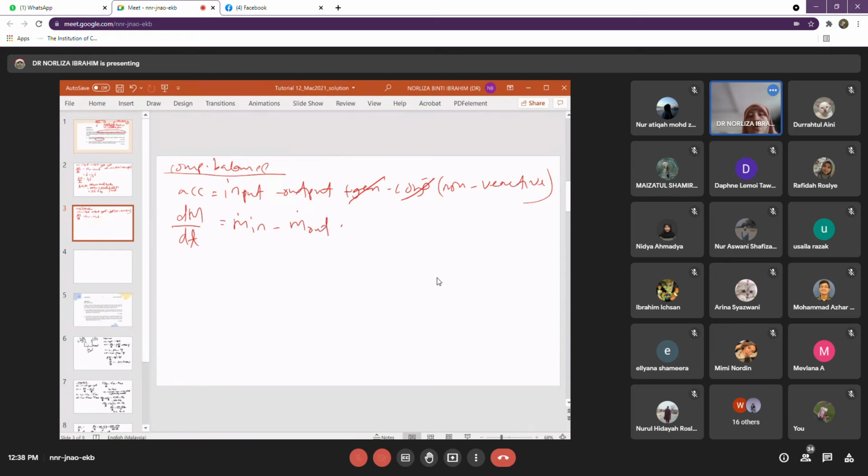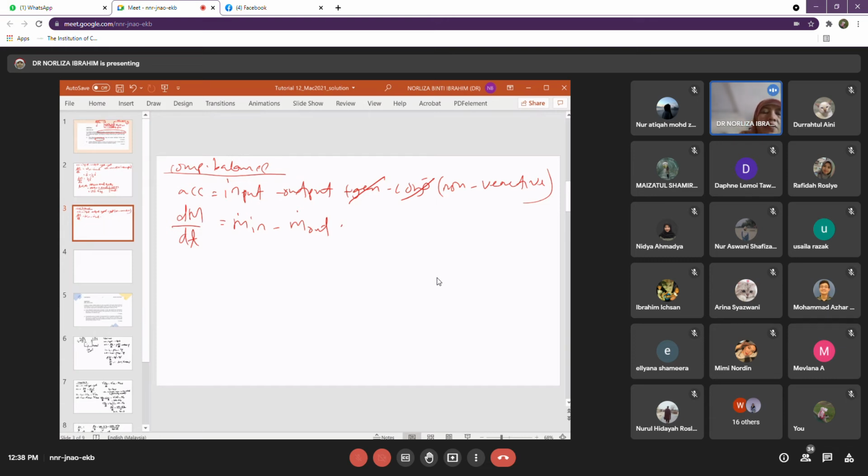Now, what is our m? How are we going to change the m so that it can represent the sodium carbonate?